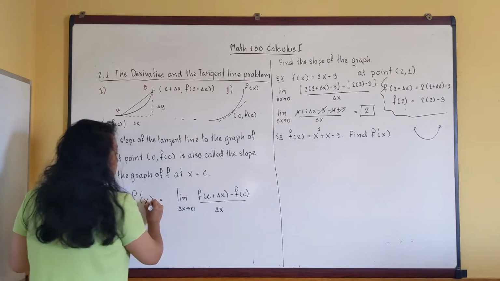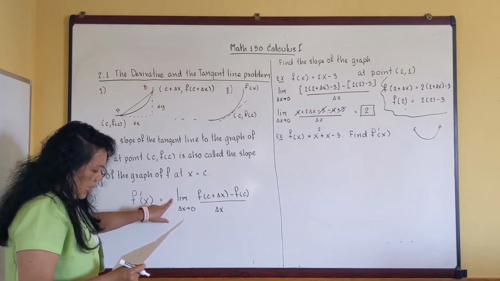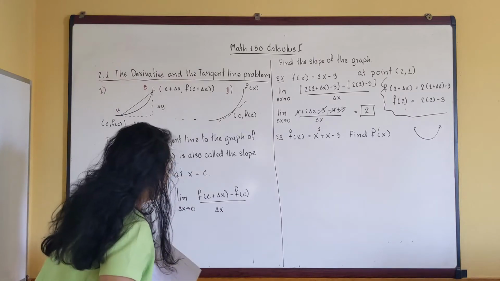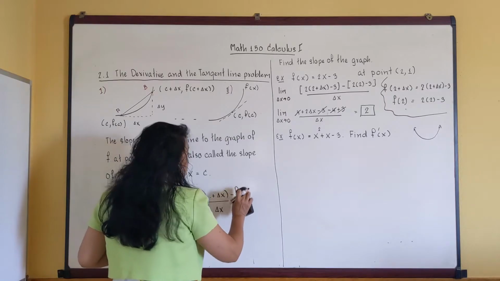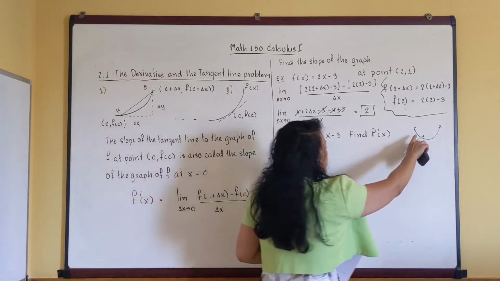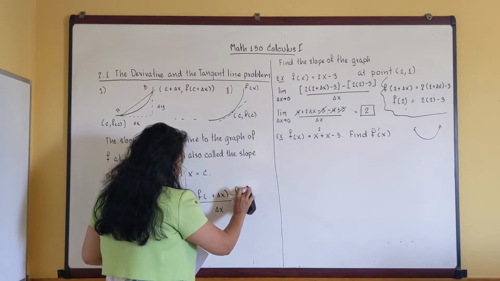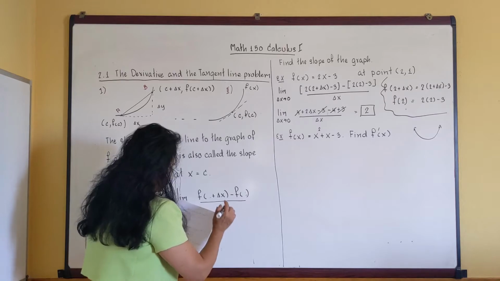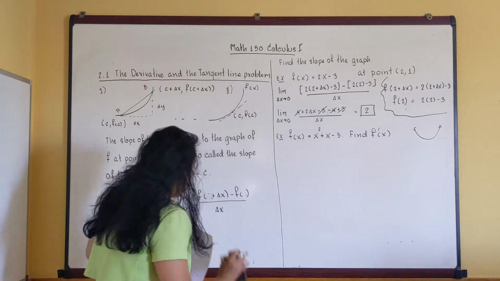This is the derivative of a function f of x equal to the limit as delta x goes to 0. Now we don't have a constant c. In this case, our constant was 2. We have a variable at different points, so your x is different. So instead of c, I'm going to call it x.